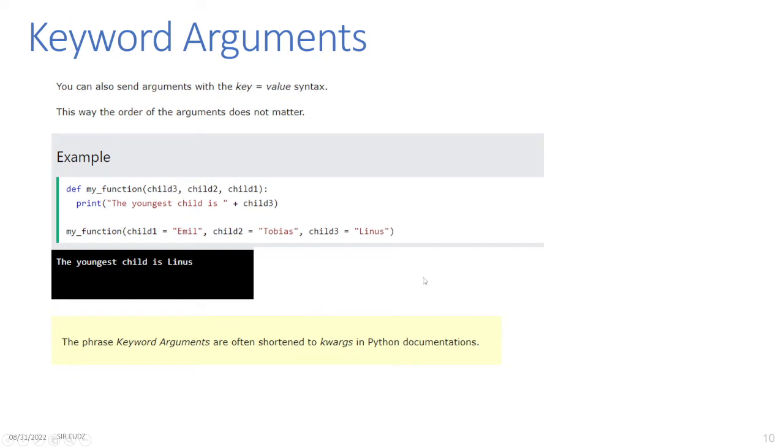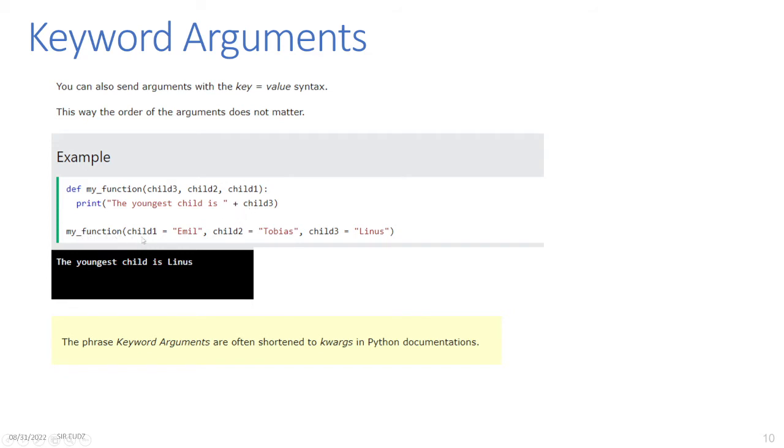Keyword arguments. You can also send arguments with the key = value syntax. This way, the order of the arguments does not matter. So let's say, for example, we have defined my_function(child3, child2, child1). These are the parameters, and the youngest child is child3.